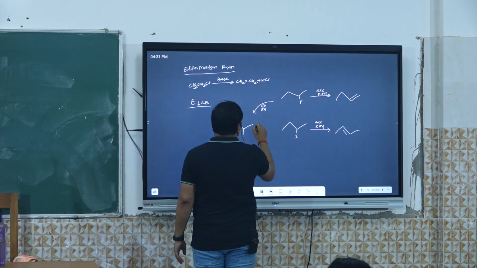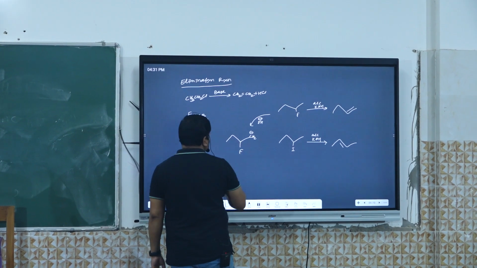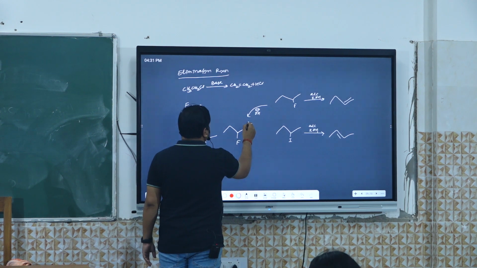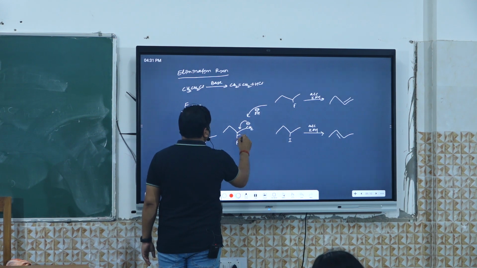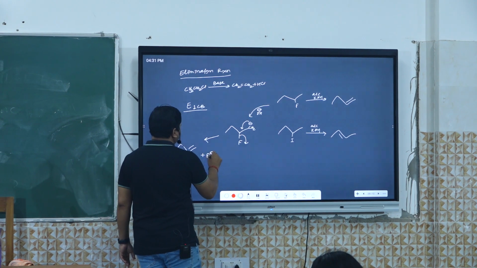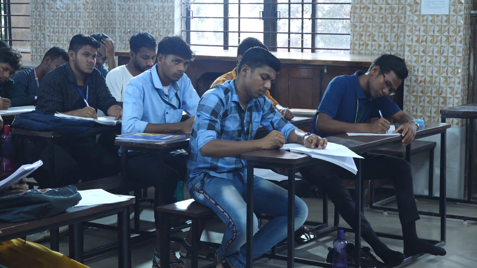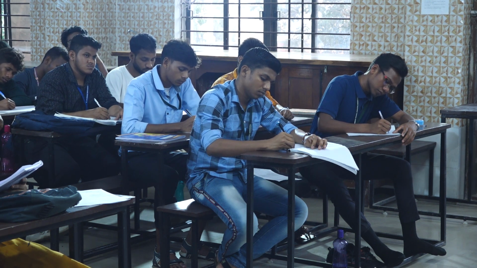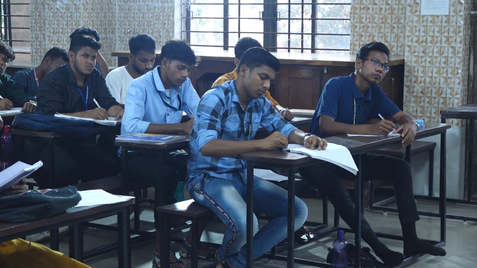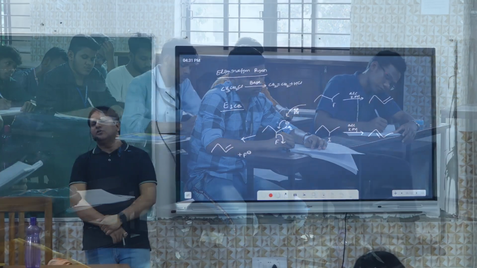So the reaction goes through the formation of a carbanion intermediate, which further acts as the conjugate base to remove the leaving group, that is fluoride.